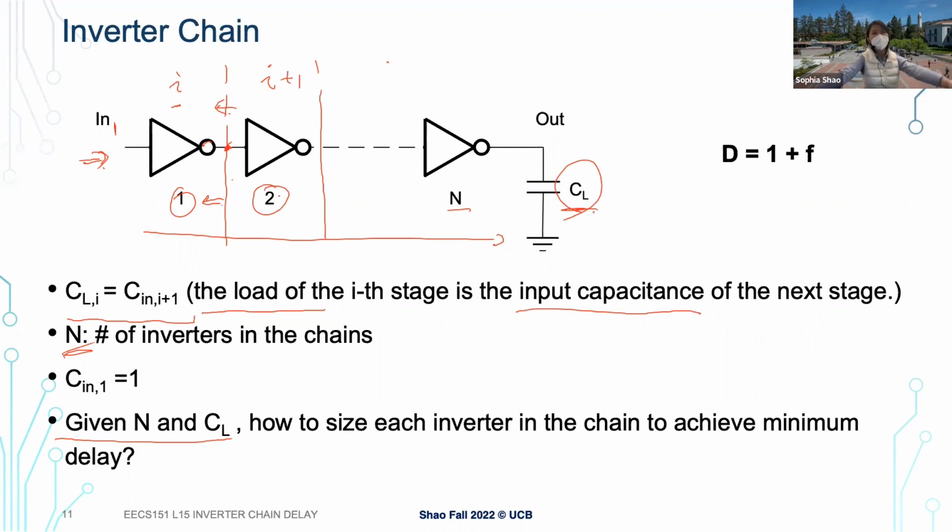We do need to implement a number of inverters, and we have the flexibility of sizing each transistor differently. We talked about these new parameters we introduced that can change the delay. So how do we size each of the inverters in the chain to minimize the delay?